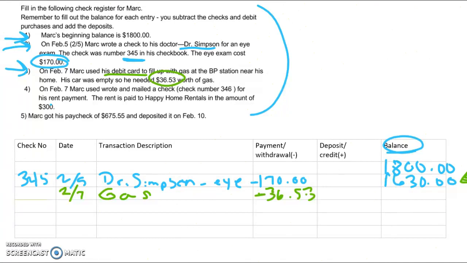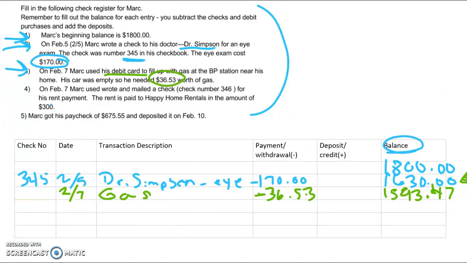I know my 3's aren't showing up too good, but we have a balance of $1,593.47. So we always want to deduct our payments or our withdrawals.